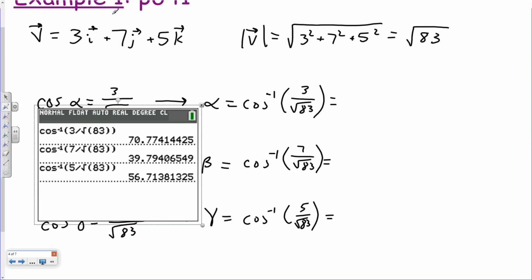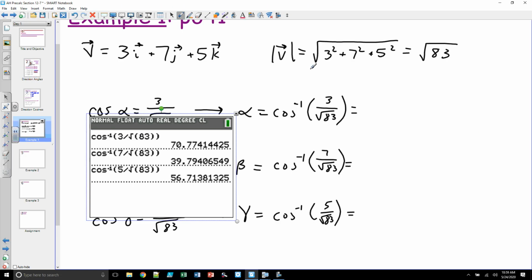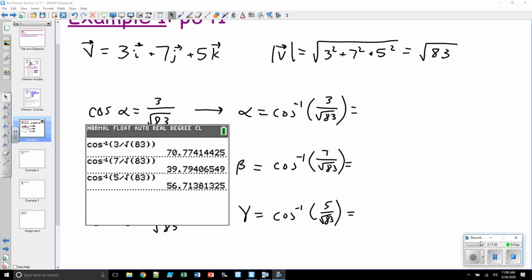All right, so for alpha, we have 70.774.